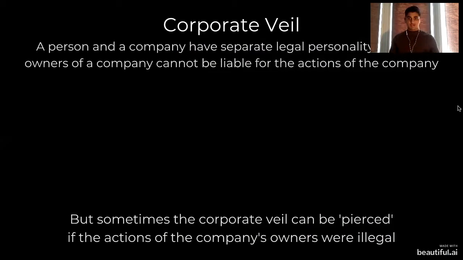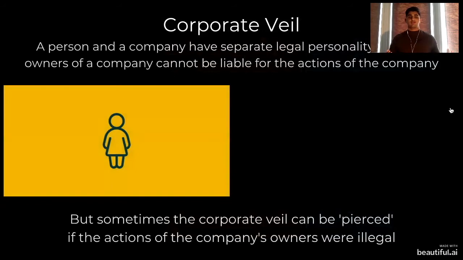But sometimes that corporate veil can be what we call pierced or broken if the actions of the company's owners were illegal. A good way to relate this back to branches and subsidiaries is to take a mother.